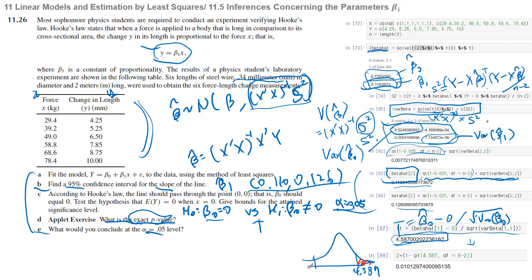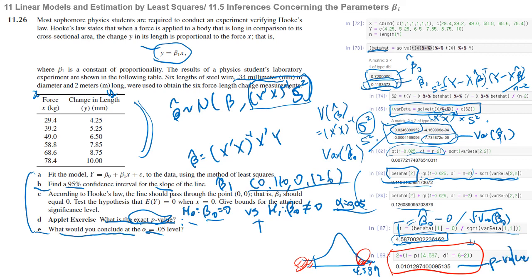If you sum up these two tail probabilities, that's the p-value, which is 0.0101.